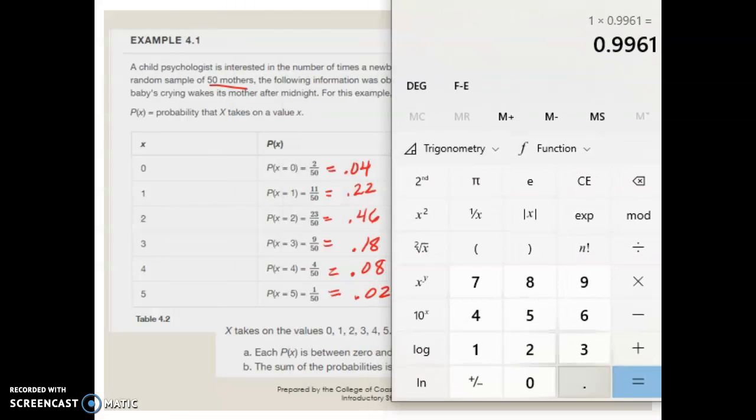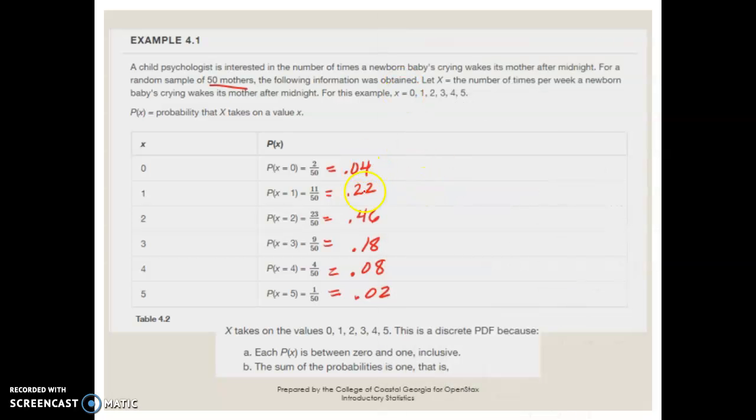You don't have to do it by hand like I did. A pretty basic calculator will let you just add them up. So it meets the second thing: all the probabilities add up to 1. All of these are between 0 and 1, so it checks off both. It is a discrete probability distribution function.